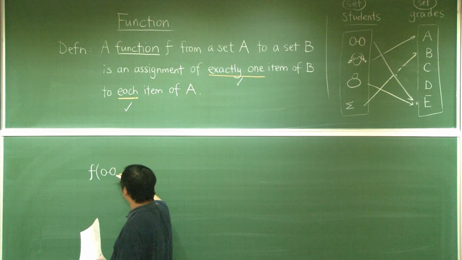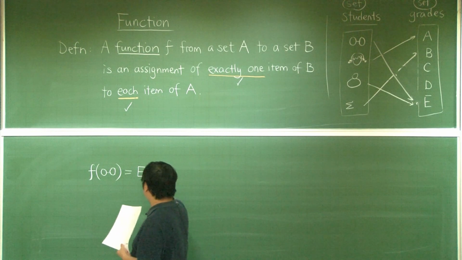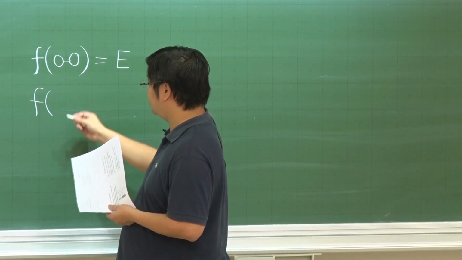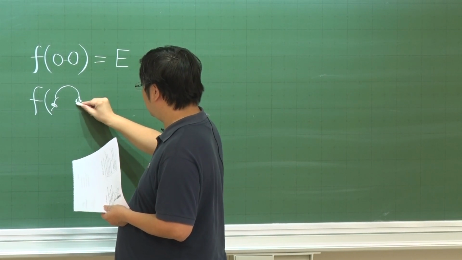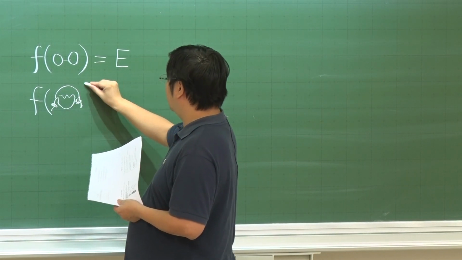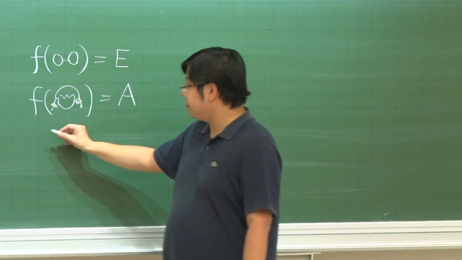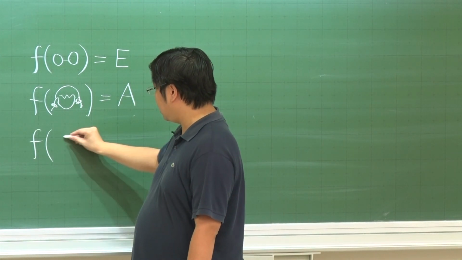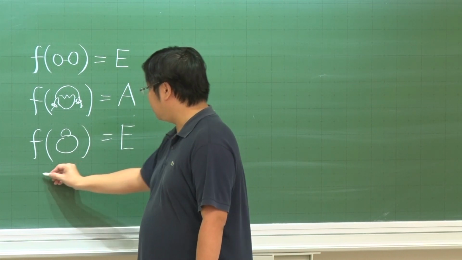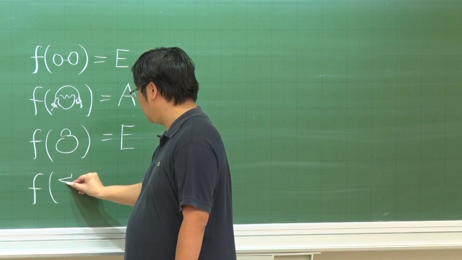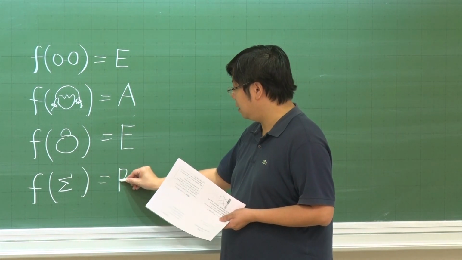The function of Nobita turns out to be the grade E. The function of Shizuka is equal to A because she has grade A. The function of Takeshi is equal to E, and the function of Suneo is equal to B.